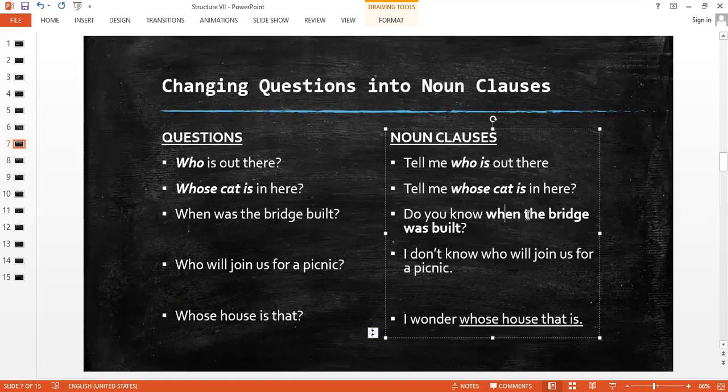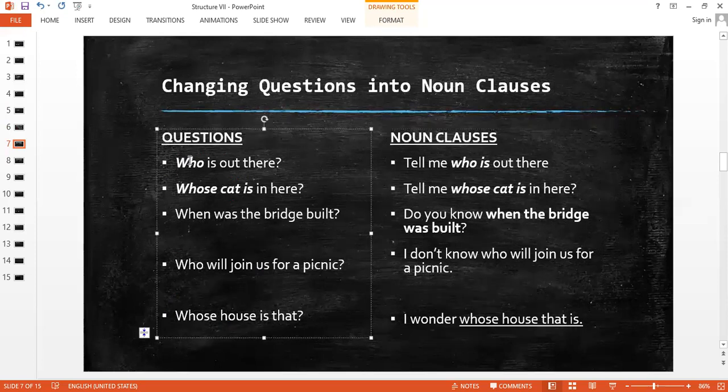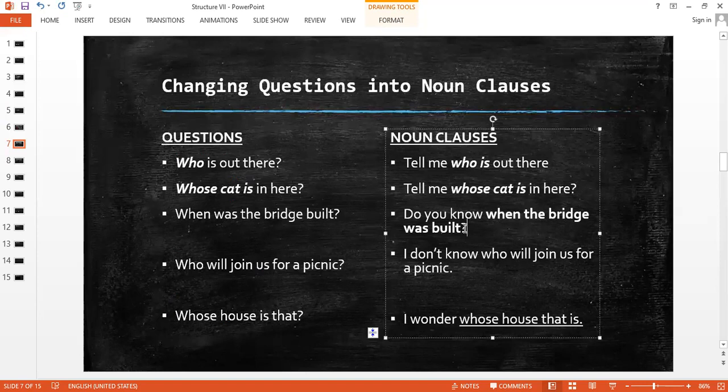After "when" comes the subject, the bridge, and then it is followed by to be. Do you see the difference? So when you change a question into a noun clause, you cannot say "Do you know when was the bridge built?" It is incorrect. The correct one is "Do you know when the bridge was built?"